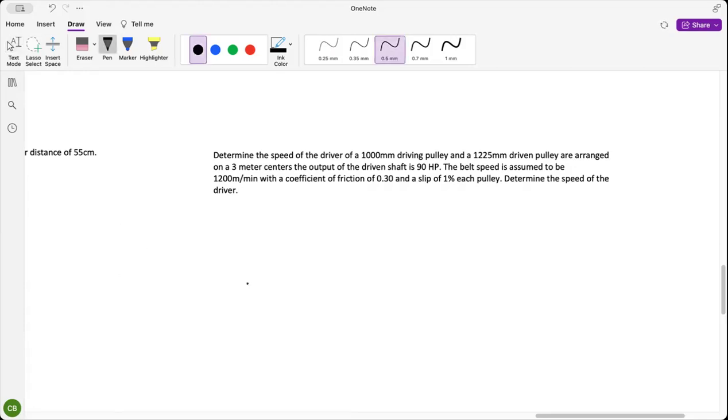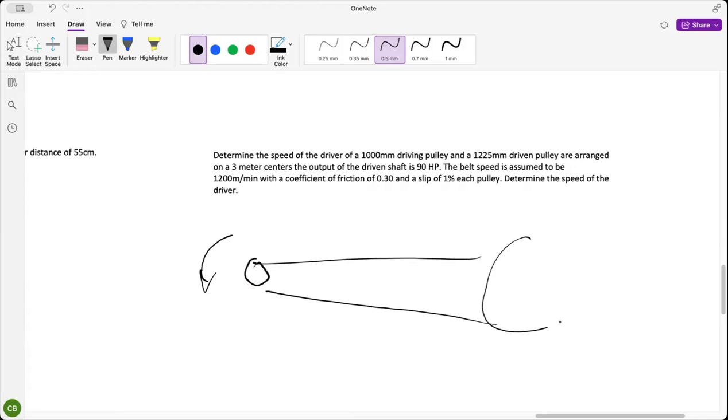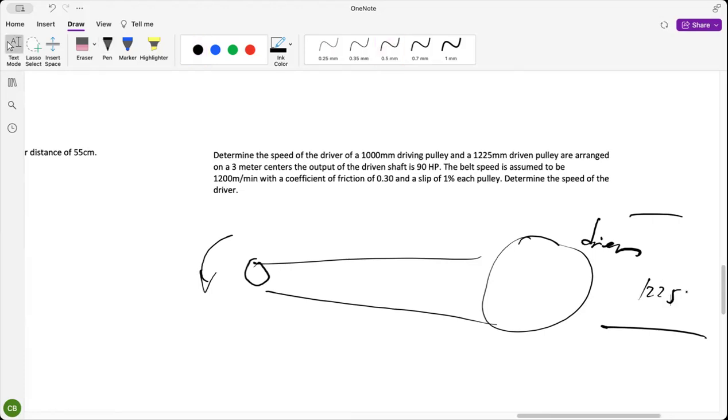So we have here the driver. So this is counterclockwise. And then the bigger one will be the driven. So we have here 1,225 millimeter. And then from the center distance, would be 3 meters.